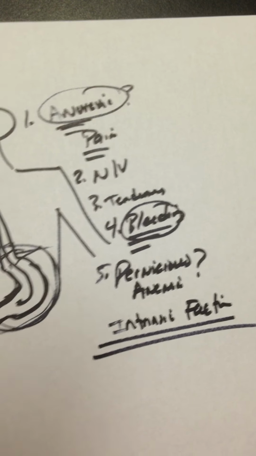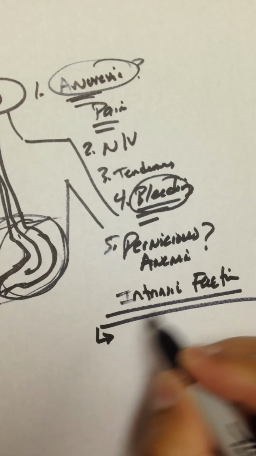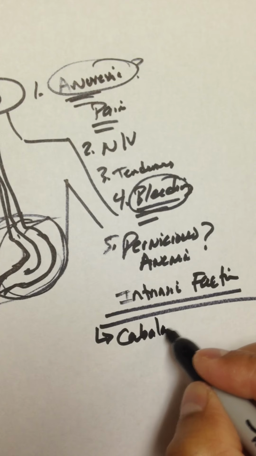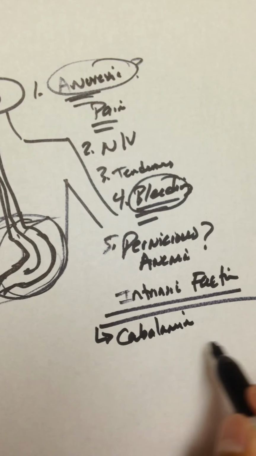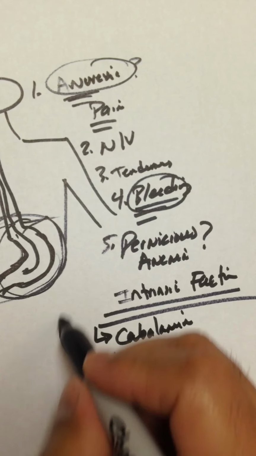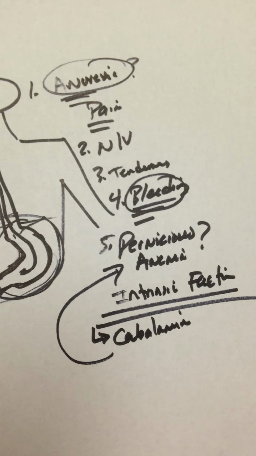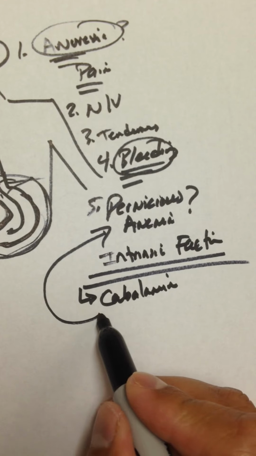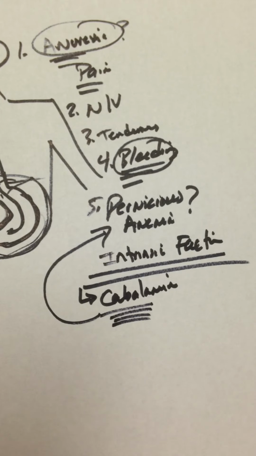If you cannot produce intrinsic factor, then you cannot absorb cobalamin, so you will suffer from cobalamin deficiency, which is pernicious anemia. Again, this would be more of a chronic gastritis.